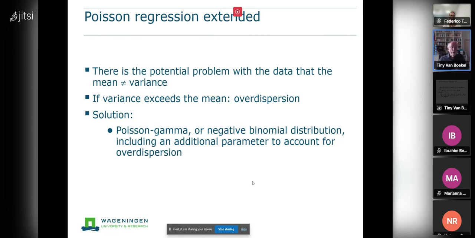Now, of course, there's a solution for that. You just have to modify the Poisson distribution a little bit, and then it's called the Poisson gamma, or also called a negative binomial distribution, which includes an additional parameter to account for this over-dispersion. And I think this is probably the better way to treat microbial data.